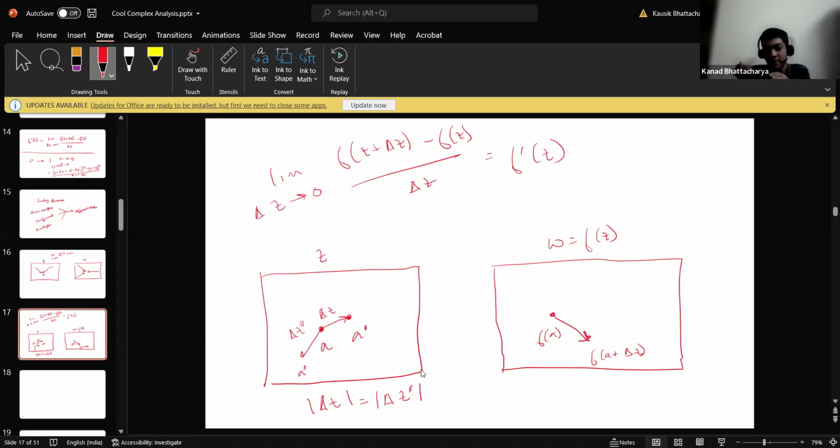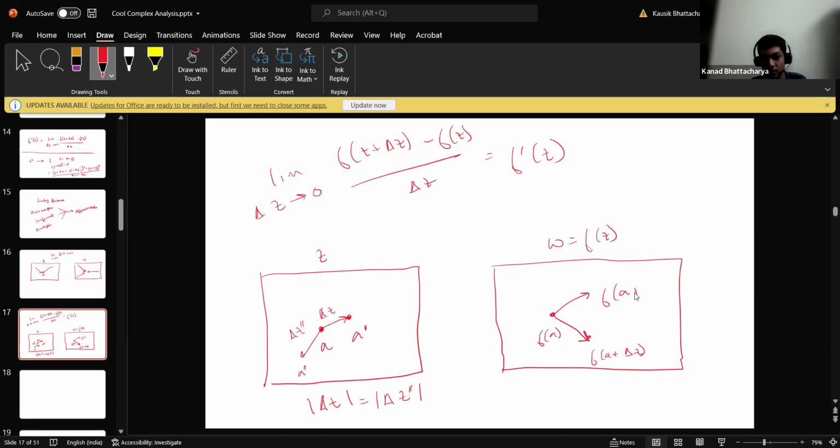So what we're basically doing is taking a point, moving towards the right by some small radius, and then going in a slightly different direction by the same radius. So we are going in two different directions with the same radius, basically. So we look at what happens to f of a plus delta z dash in that case. Let's say it goes to somewhere here.